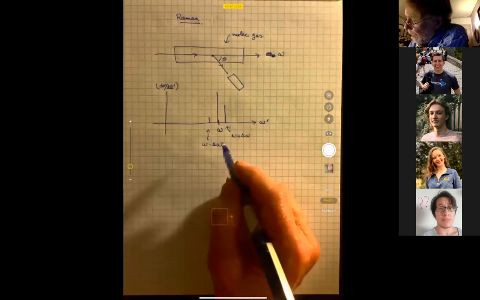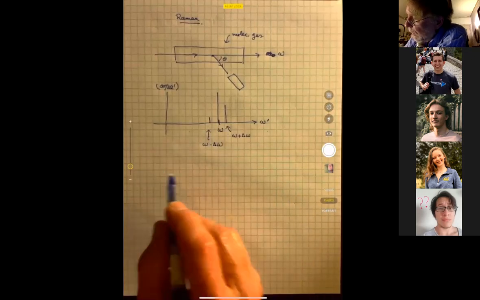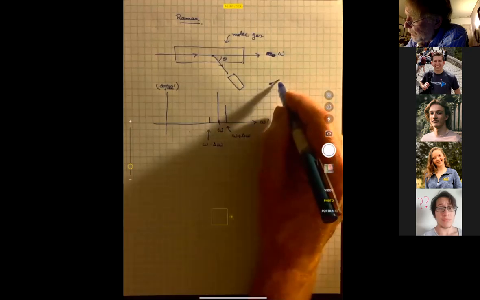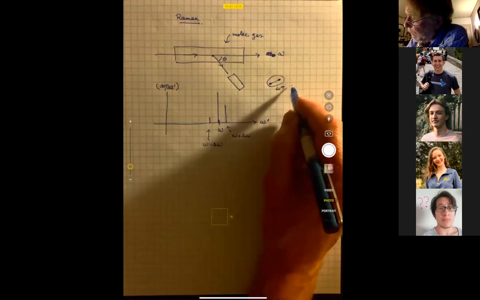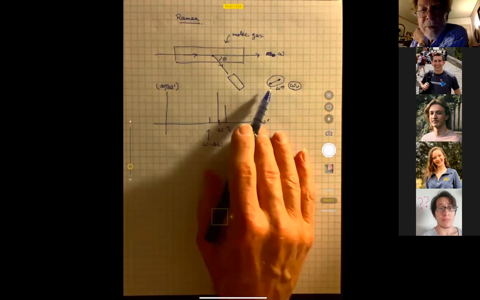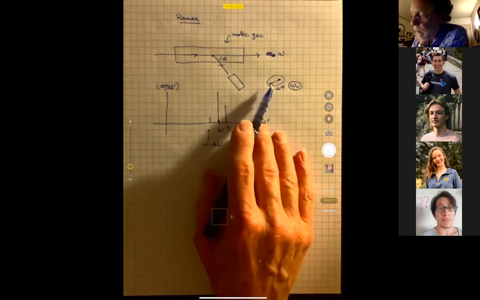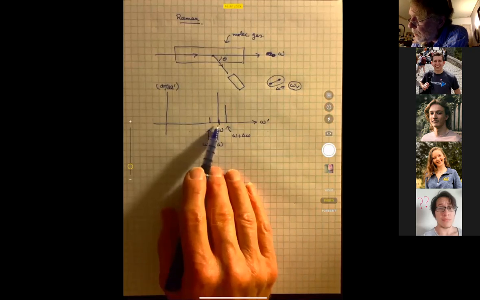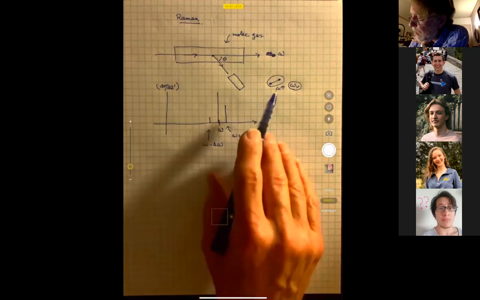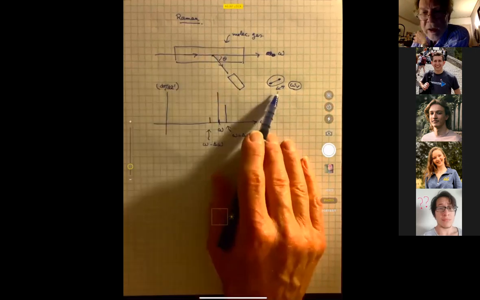Anyway, so what are these sidebands? Well, let's suppose the gas is a diatomic molecule, in which case it's got vibrational degrees of freedom with a vibrational frequency omega vibe, and the motion is roughly that of a harmonic oscillator. What's happening here is, as I said, most of the scattered photons are elastic. However, the gas that's in here has a distribution of vibrational energy states, which is based on the temperature of the gas and the Boltzmann factor and so on.